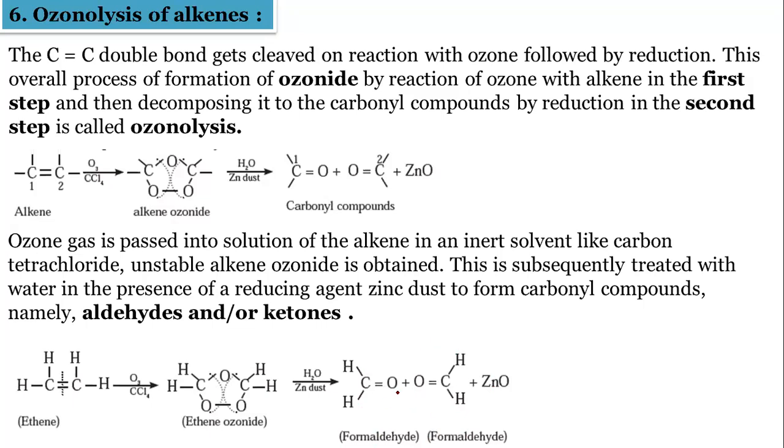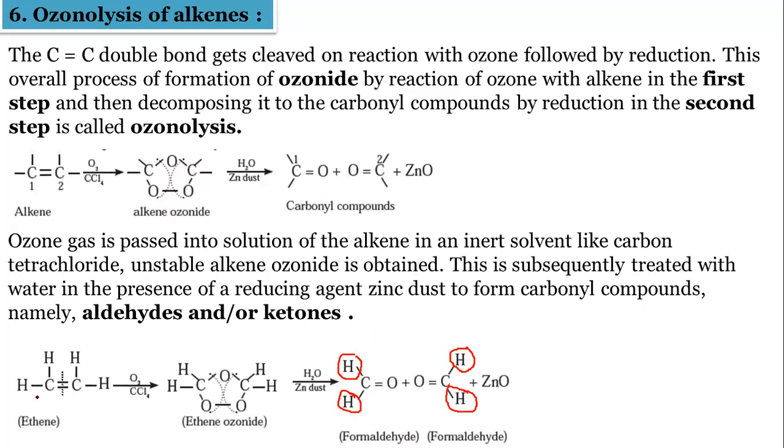Now, if I want to prepare ketones, this is a very important question I'm asking you. I want two molecules of ketones, meaning two molecules of acetone. Instead of this hydrogen, I want a CH3 group; instead of this hydrogen also a CH3 group, and likewise for this hydrogen and this hydrogen.